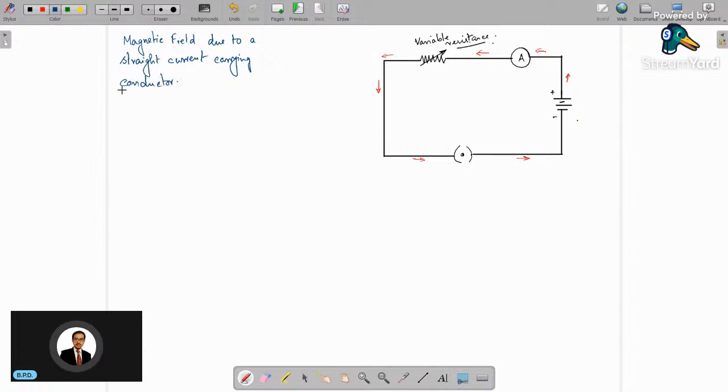This chapter is equally important for class 12 also. You will get to know in detail of this in class 12. Okay, so let us start that how it will react.